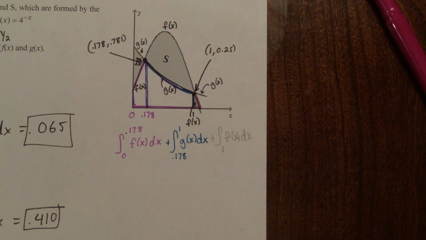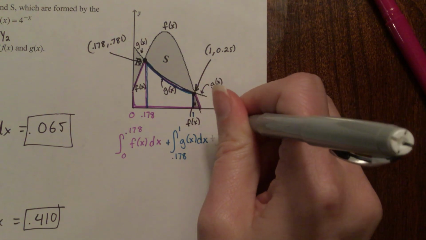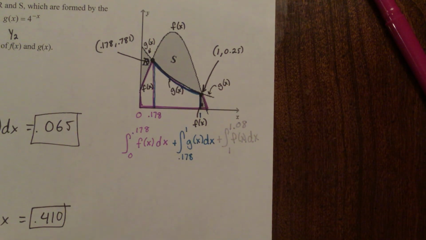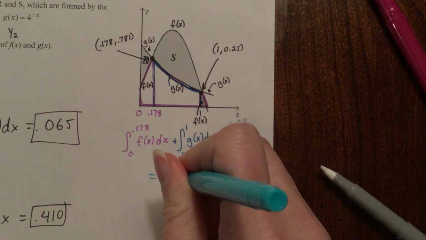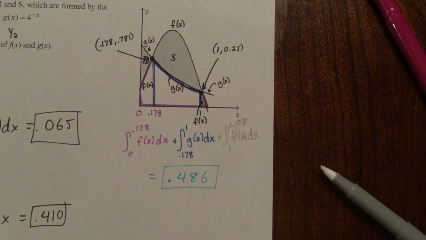Where does f of x hit the x-axis? We've done enough of those. The 0 is 1.08. So you're literally going to type all that into your calculator, and it's going to give you a number. Our number is 0.486. Put it in one big string so you don't have to add up a bunch of decimals.